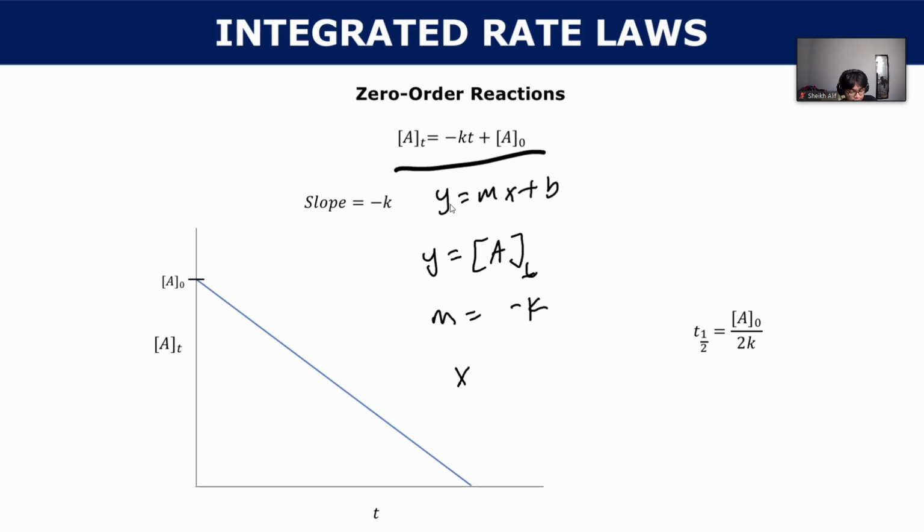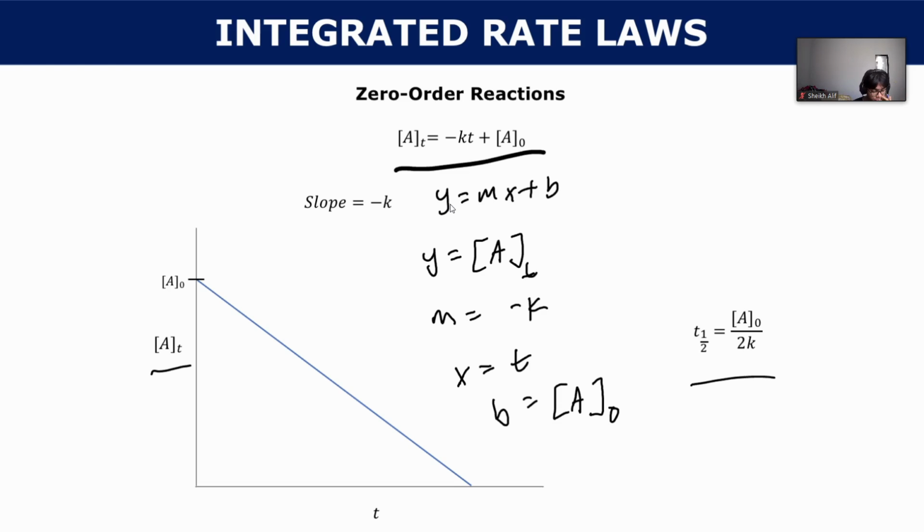The x is t, and then b is the initial concentration of A. We'll get a bit more practice using this, but essentially for 0 order reactions, if you were to plot the concentration of your substance over time, you'd realize that it would be a negative straight slope. The half-life for 0 order reactions is going to be the initial concentration over 2 times k, which is your rate constant.